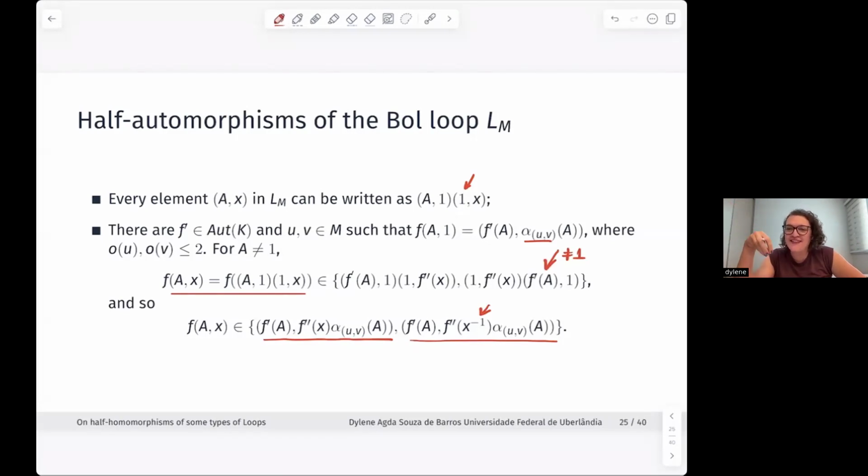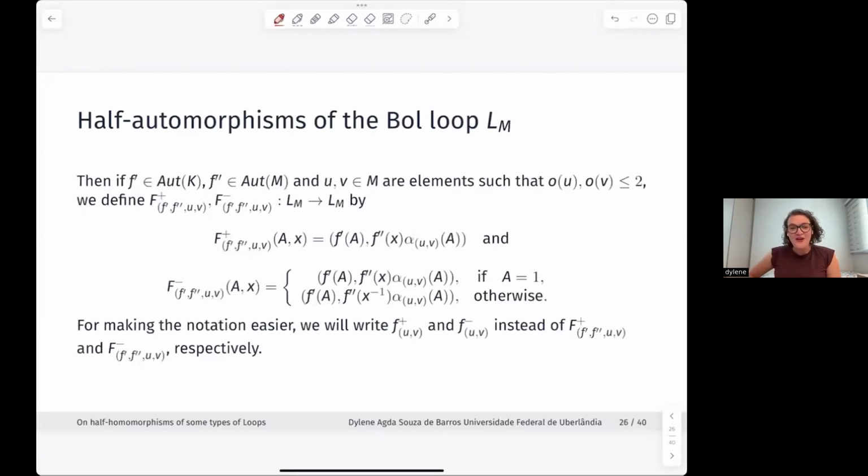While I was preparing that seminar, I realized that I think we failed, but I'll try to make some notations simpler here. For F prime an automorphism of K, F2 prime an automorphism of M, and U and V elements of M of order less than or equal to 2, we define two other functions.